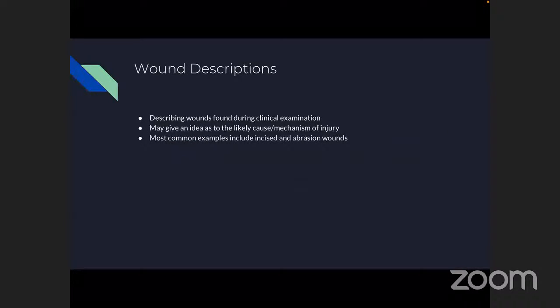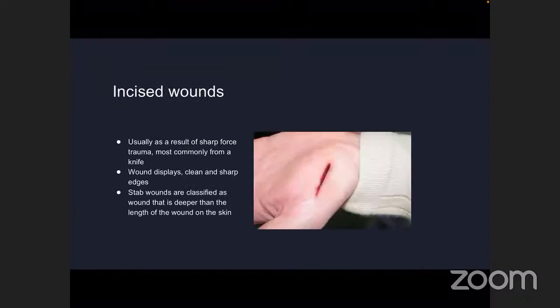And then just to move on to describing wounds. It's basically whatever you see during the examination, but using the correct terminology to describe it. Describing these wounds may give you an idea as to the likely cause of the injury. Common examples include incised and abrasion wounds, among others.